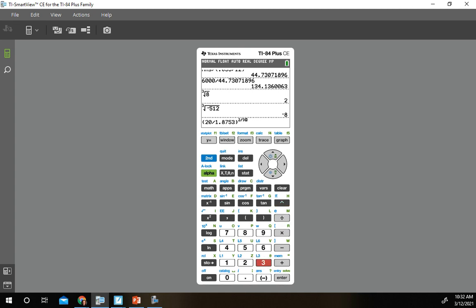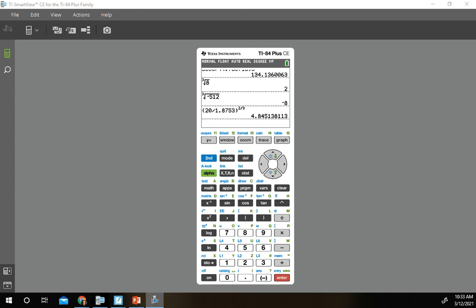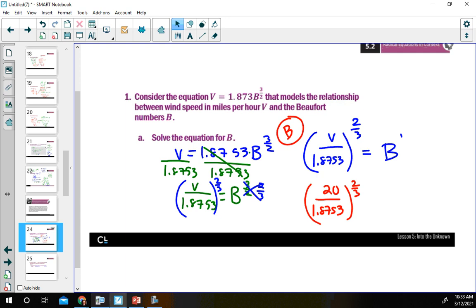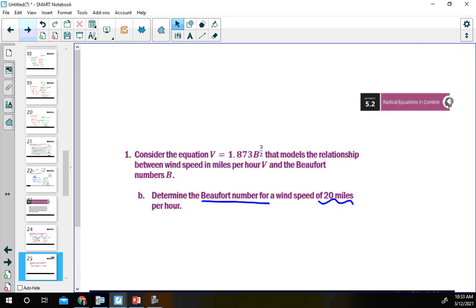I have the exponent up there, so I don't technically need the parentheses, and I'm going to do it to the 2/3. Okay, so 4.8. So that answers question B, 4.8.